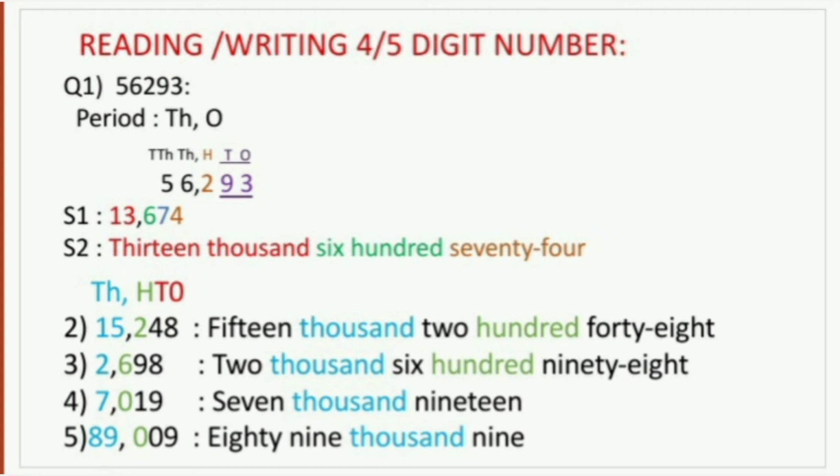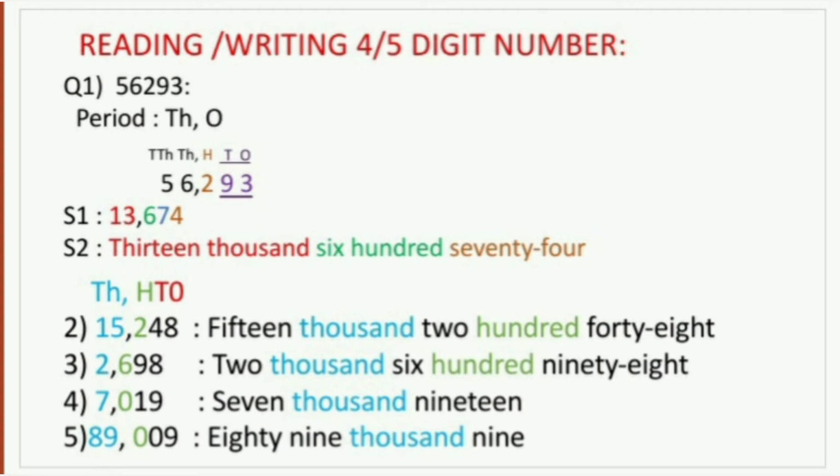So here the comma inserted is between 6 and 2, that is after 3 digits when you move from right to left, which was the first step which you have to take care of, and insert the comma at the correct place. Now before the comma, the number you have to read in thousands. So here 56,000. Fine.